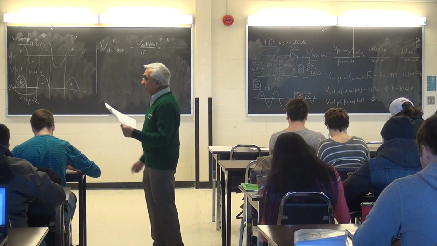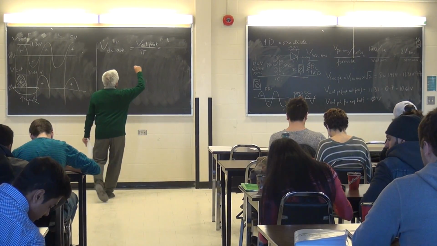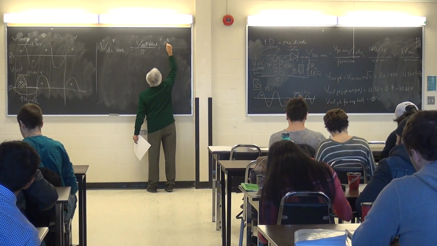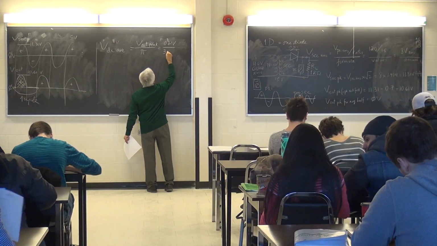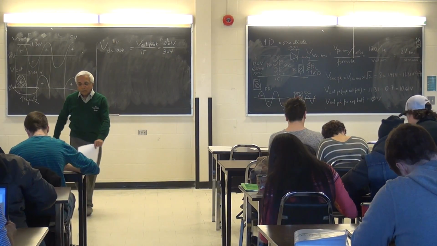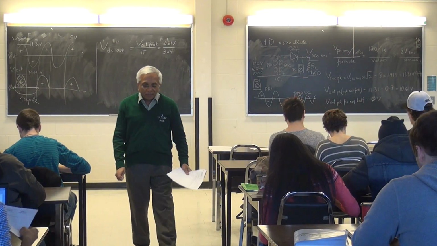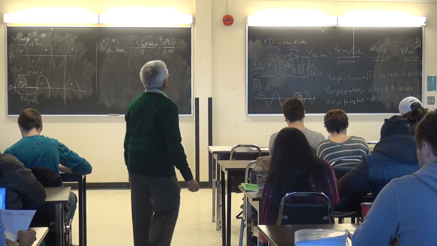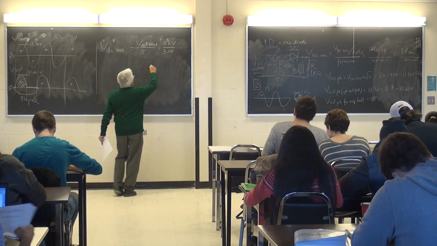So what is my V out peak value? 10.61 divided by 3.14. Pi is about 3.14. So what is 10.61 divided by 3.14? 3.38? 3.38 volts.